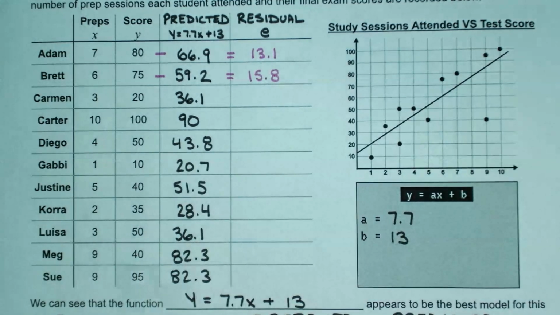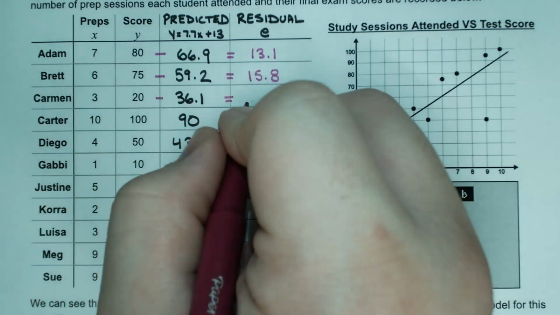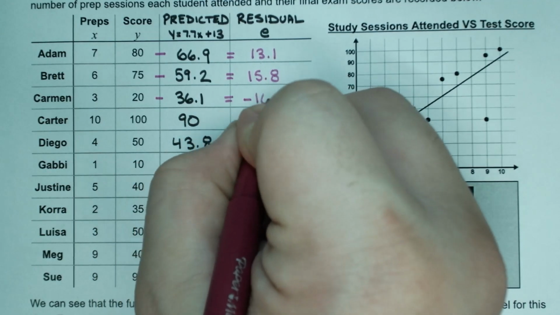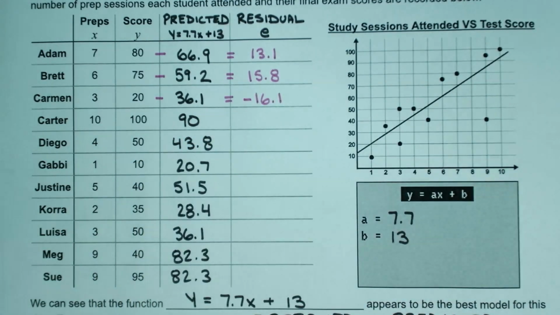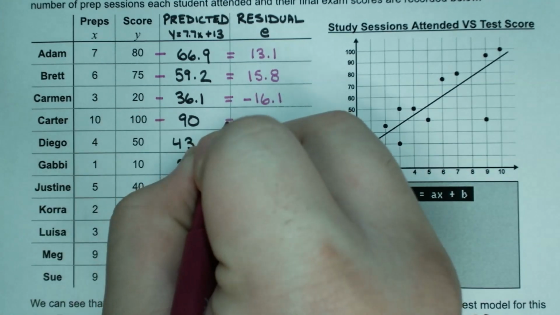So he scored 15.8 points higher than what would have been expected. The next person, 20 minus 36.1, is negative 16.1. What that means is Carmen actually scored 16.1 points lower than what would have been expected. So just keep on subtracting these.